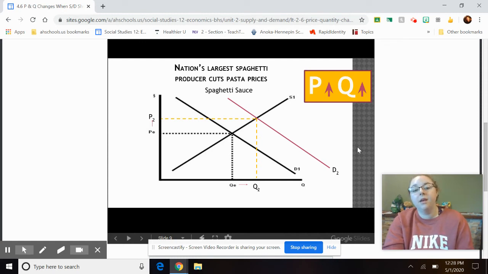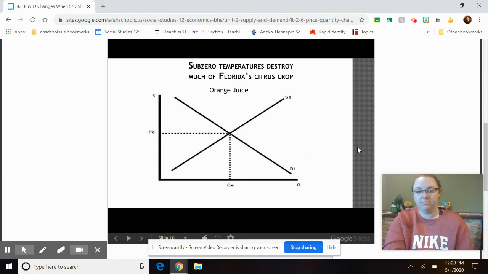Because if there's a cut in pasta prices, then more people are going to want to buy spaghetti sauce, which means equilibrium is going to go up because the quantity demanded is going to increase, which just automatically causes suppliers to charge more because they can. All right.